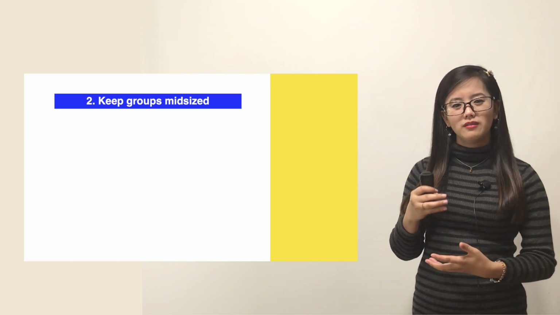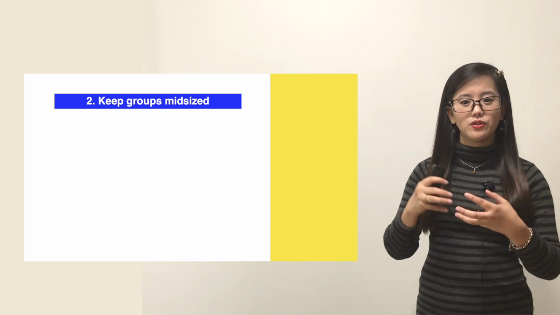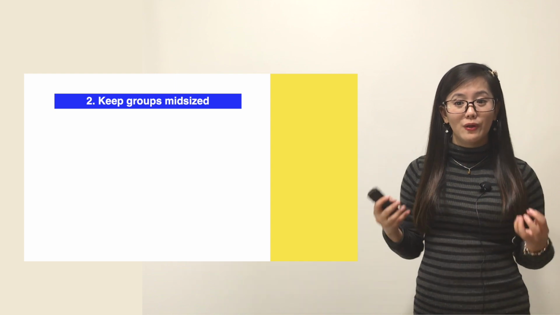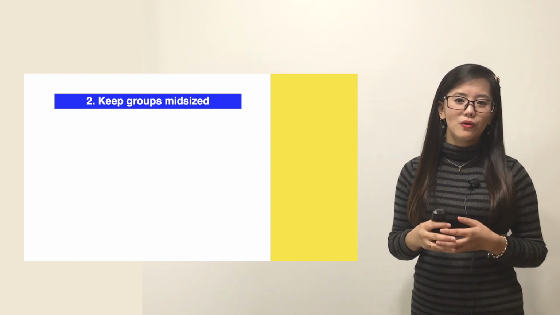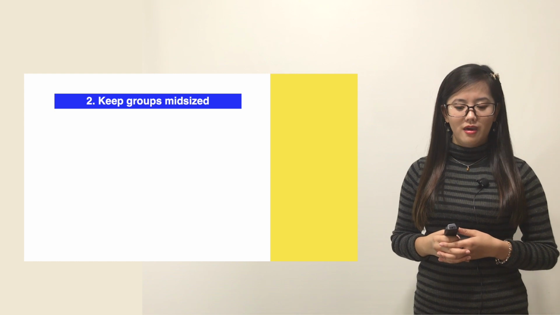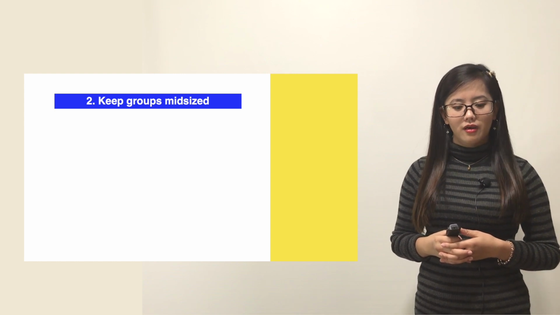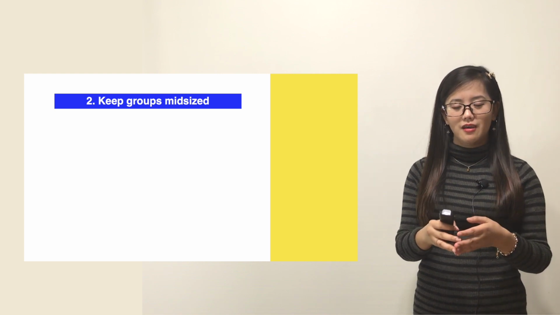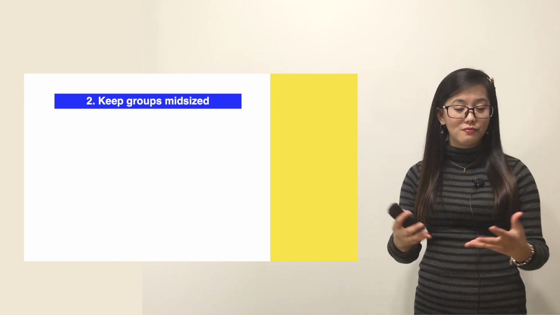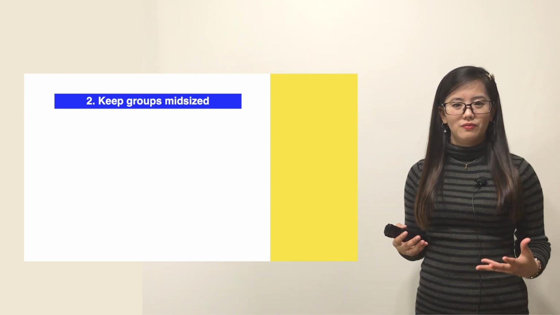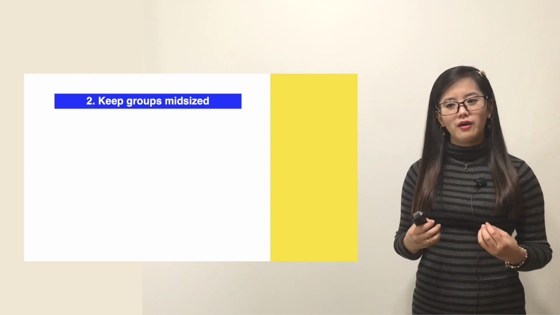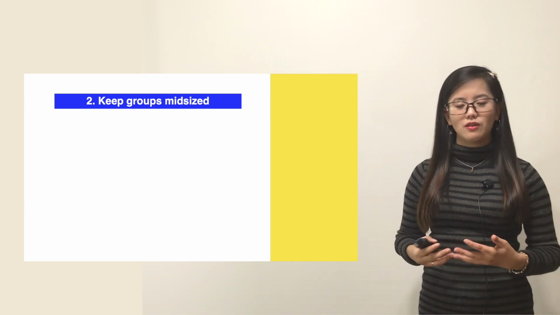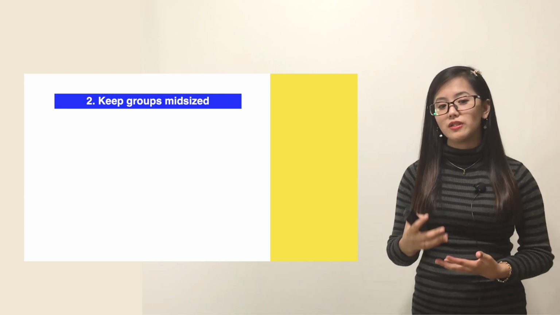On the other hand, if we have groups that are too large, it creates freeloading where not all members participate. And I'm pretty sure that you have seen this in your classes: if you have a lot of members in a group, the way you share ideas is more likely limited, or sometimes some members just do not do the task.